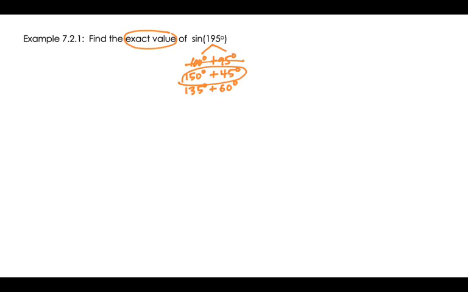And I'm also going to take a second to remember my addition formula. I'm just going to write it up here for reference. My sine alpha plus beta, just copying this off of the previous slide.